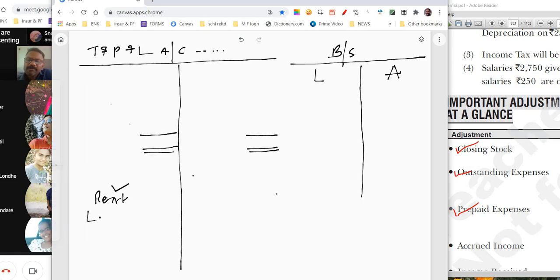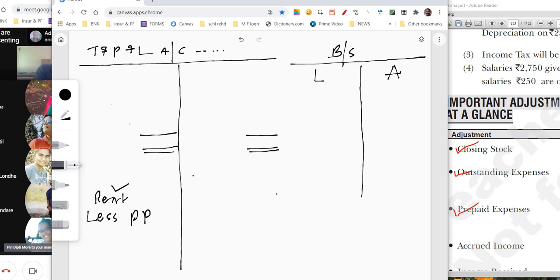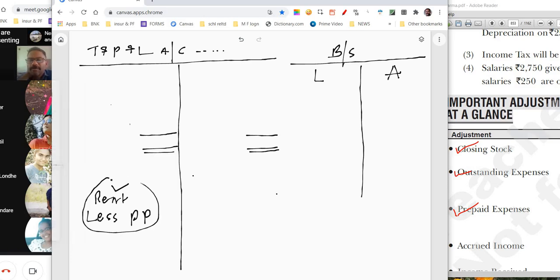Then from the rent we subtract PP. PP means prepaid. So from the respective item we subtract the prepaid expenses.